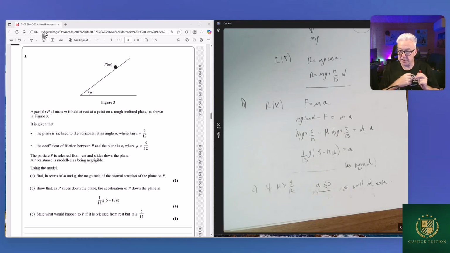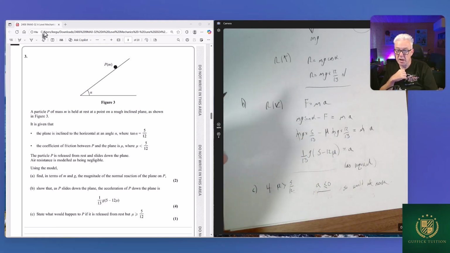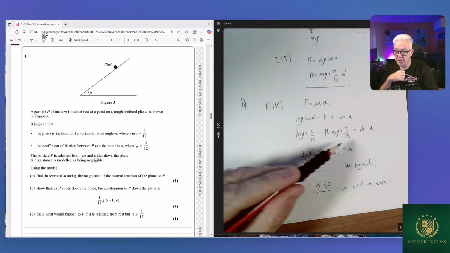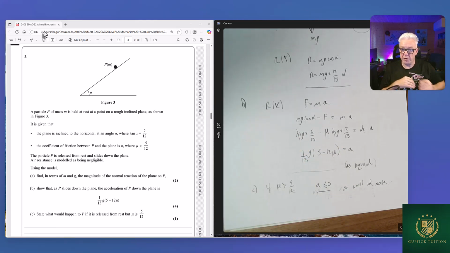We can now cancel a common factor of m that occurs in all of these expressions. We can factorize out 1/13, and take out a factor of g. When we do that, we get 1/13 g times (5 minus 12 mu) is equal to a. And that's the expression that we're expected to derive.